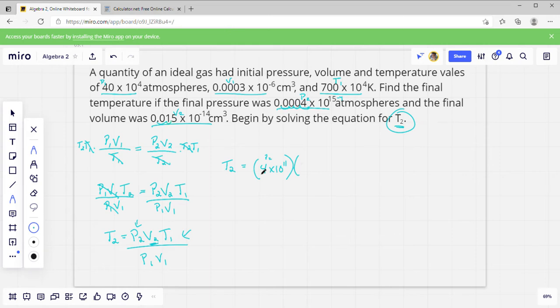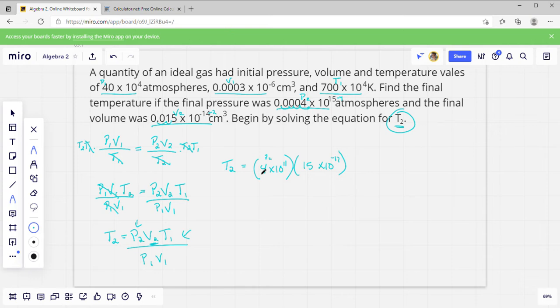So I'm going to have 1.5 times 10, and that will be minus 2, so that will be to the negative 16. In the book, they actually changed this to 15 times 10 to the negative 17, so you can do it either way.